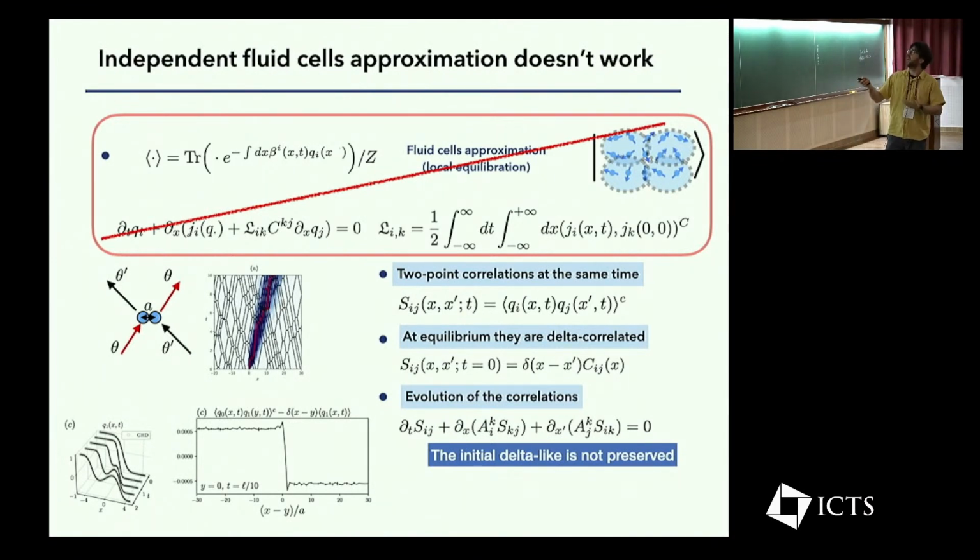Basically, you take a 2-point correlation at the same time between different charges, at space x and x prime. Even if at equilibrium, in a thermostate or in a generalized thermostate, these are delta correlated with this matrix also called susceptibility, its evolution is given by an equation where, again, you can write it using hydrodynamic projection.